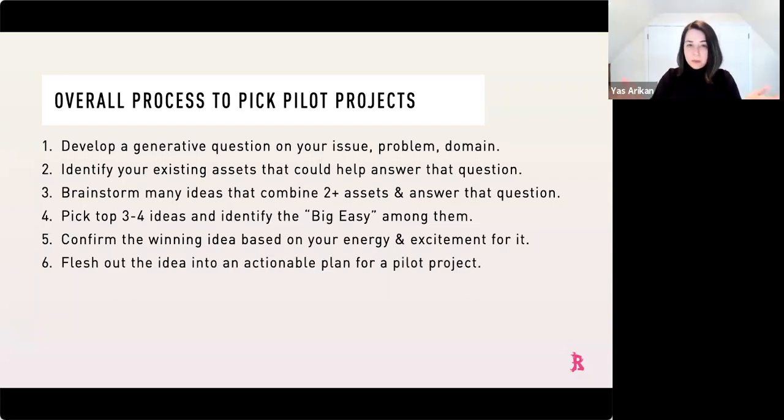And then what you end up doing is, well, okay, you got an idea, you've picked something that you're excited about and are thinking about seriously executing on. Well, then this is something that I think most of you already know very well how to do, is you got to flesh it out into an actionable pilot project, something you can execute within weeks, maybe 3 to 6 months, but nothing longer than that.